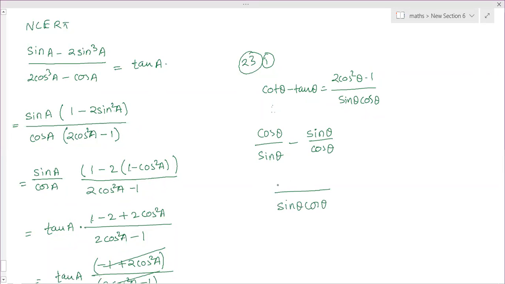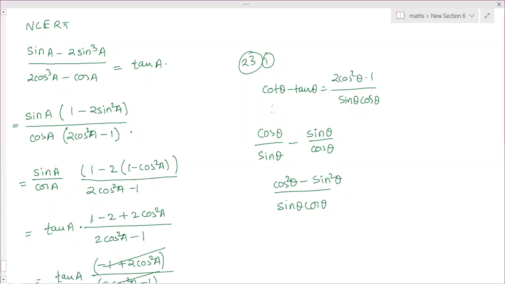Numerator: cos square theta minus sin square theta. What you need in the RHS? What is needed in the numerator? 2 cos square theta minus 1. That means you don't need sin square theta.